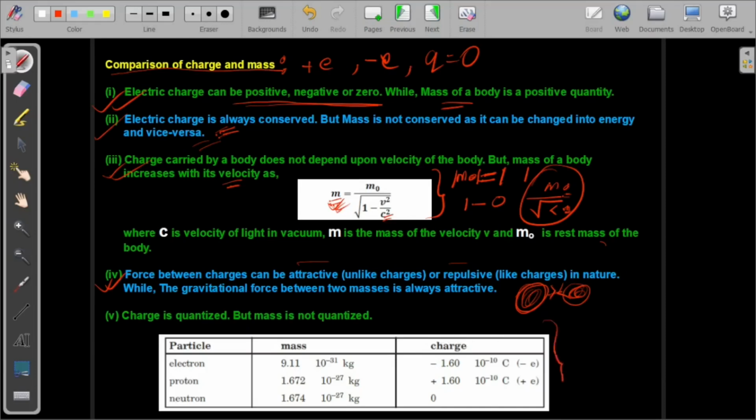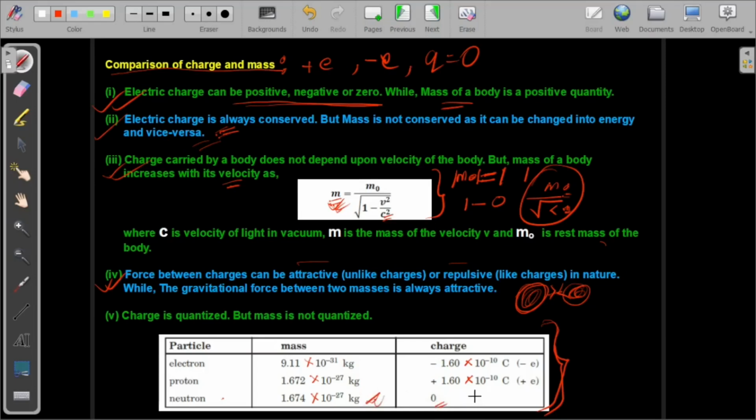And try to remember these values. These are important values. Mass of an electron is 9.11 into 10 to the power minus 31 kg. Neutron has zero charge. It has mass only.